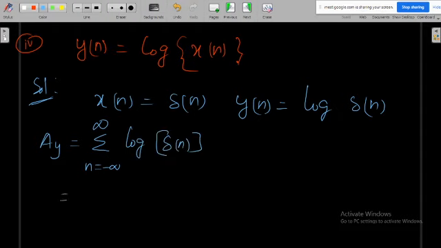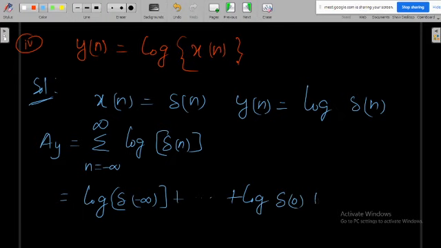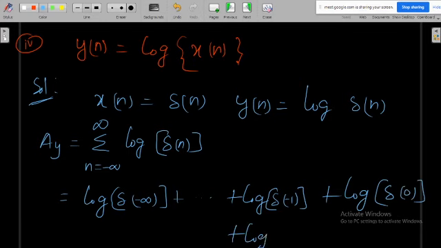Then log of del minus infinity, then log of del 0. Again, before 0 we can also write minus 1: log of del minus 1 plus log of del 0 plus log of del 1, and finally log of del infinity.